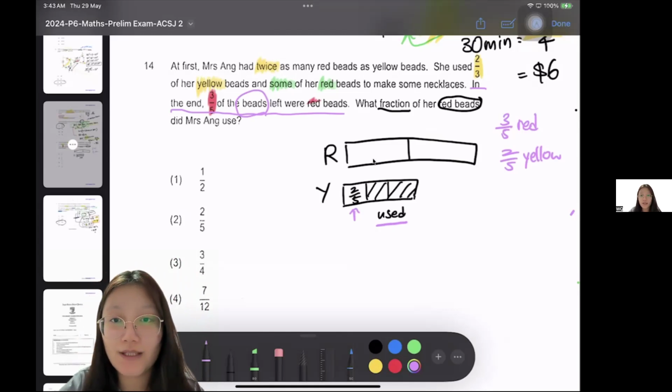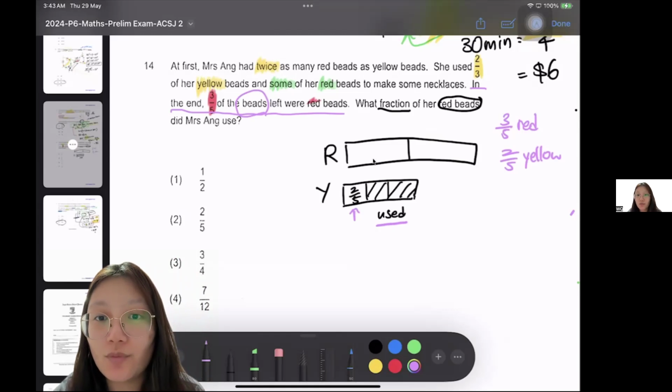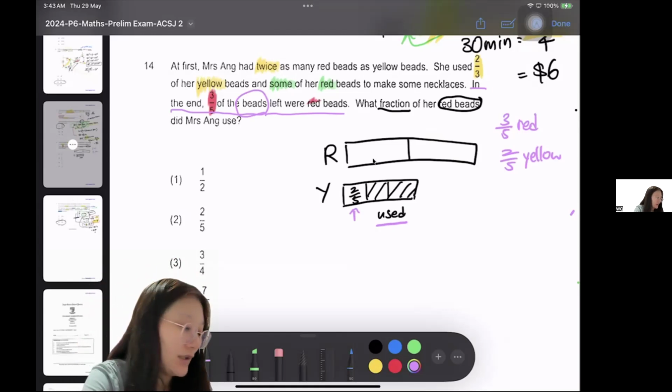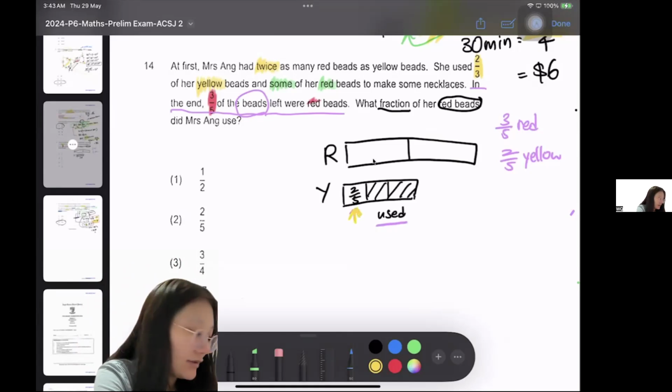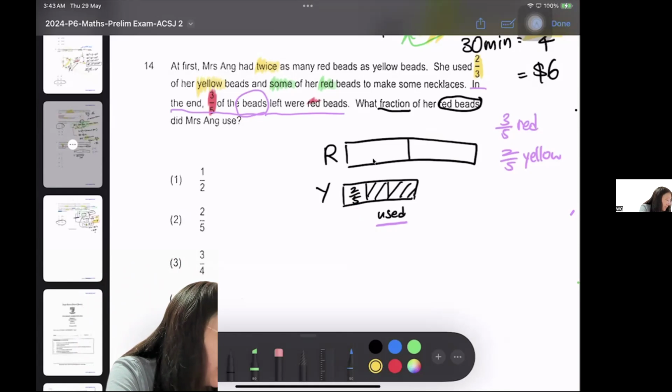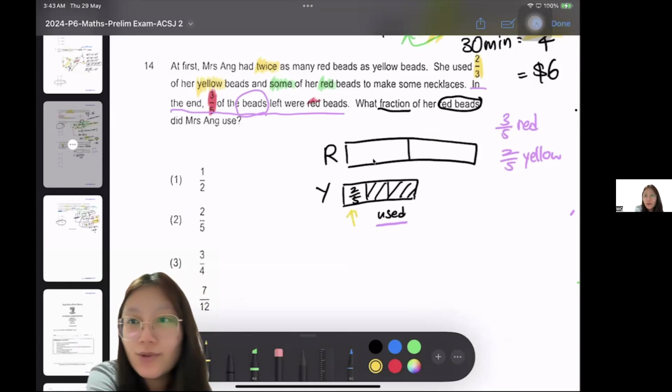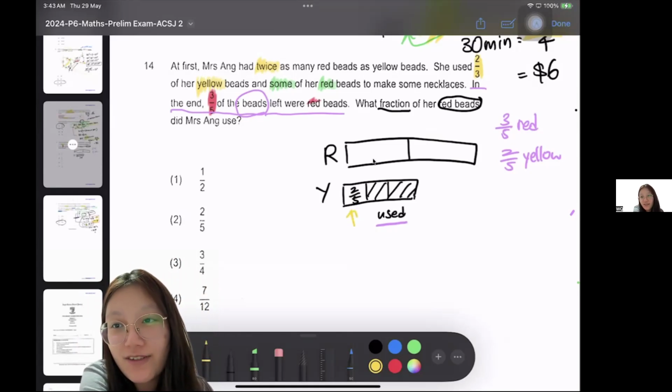As you can see, what you need to do is cut this part into 2 parts, because it's 2/5, which actually means it's 2 units. 2/5 is 2 parts of 5.